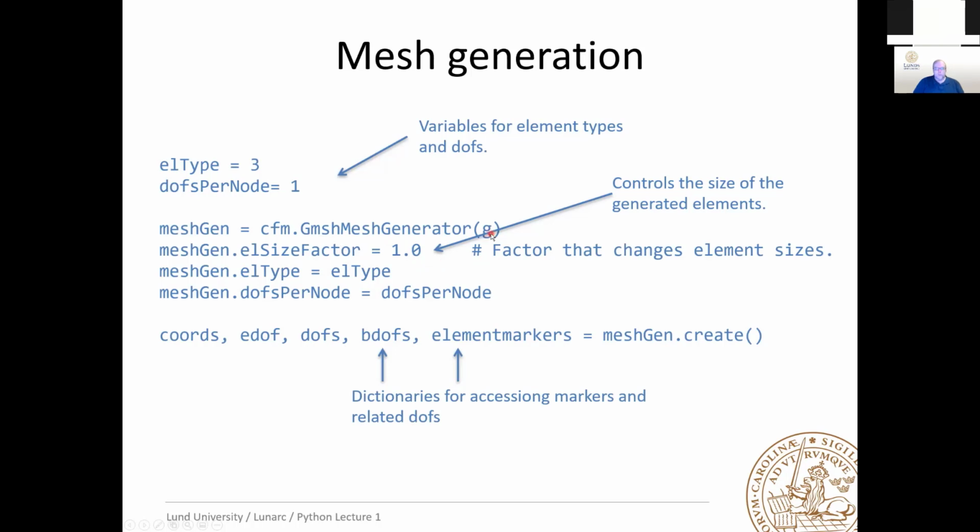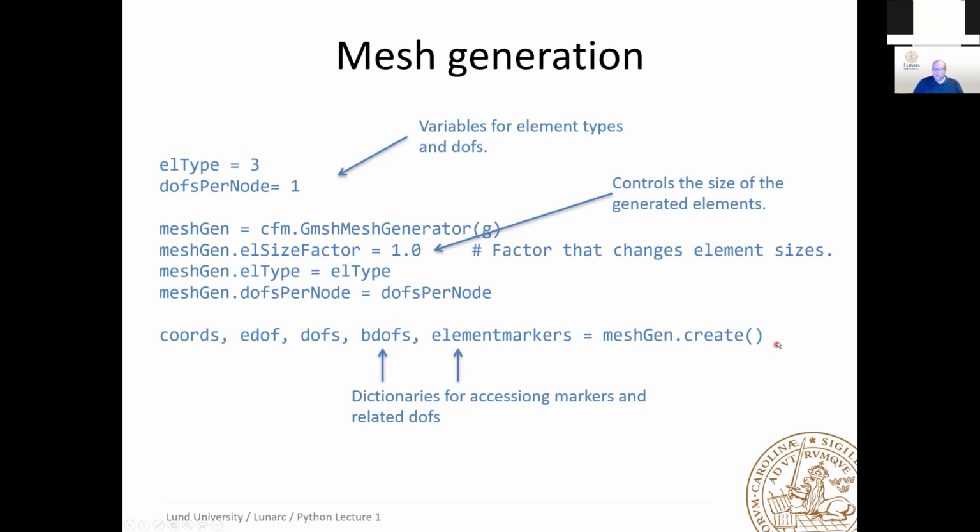You also see here we give the geometry to our mesh generator when we create it, and then we specify our element type and also the number of degrees of freedom per node. As this is a groundwater problem, we only have 1 degree of freedom per node, so we also need to specify that. And then we create our mesh.